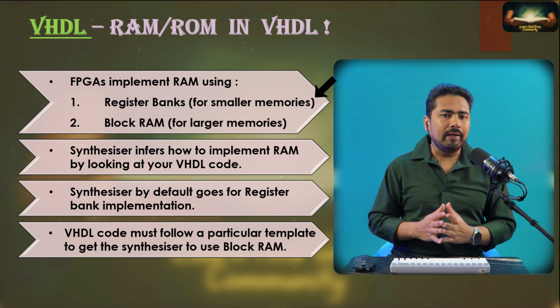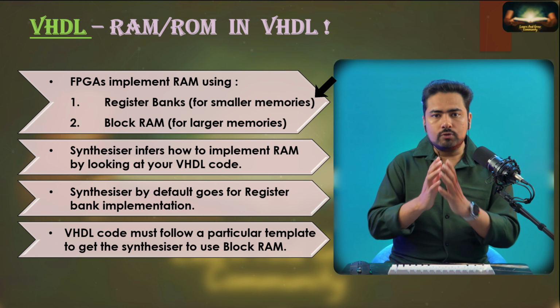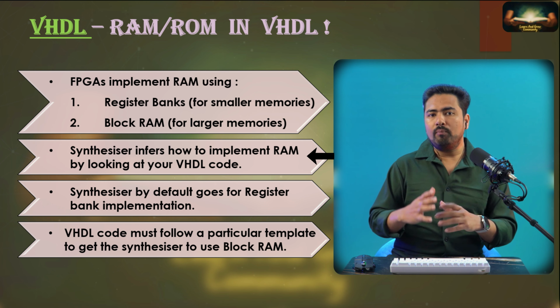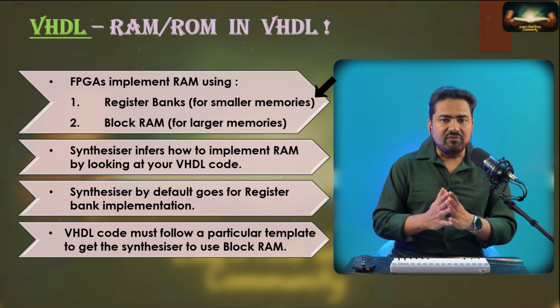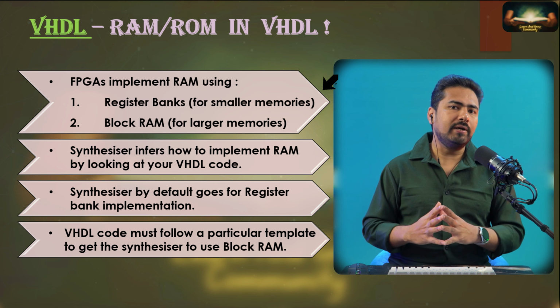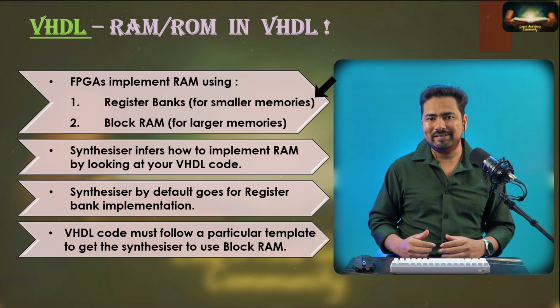We generally call them register banks. These register banks are good for small memories because your synthesizer can infer these banks from your VHDL code. This means you do not need to write specific code to implement these RAM modules. So by default, FPGA can use these register banks to implement your memory in your projects.